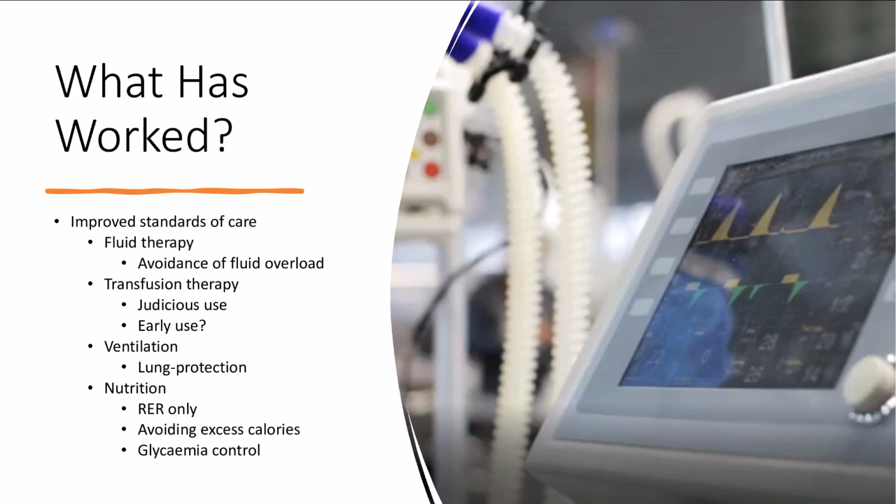So patients that are hyperglycemic, we are now starting to administer insulin continuous infusions to really pull hyperglycemia under control, because hyperglycemia in septic patients is associated, independent of everything else, with an increased risk of organ dysfunction and organ failure and subsequent mortality. So those are key things there.